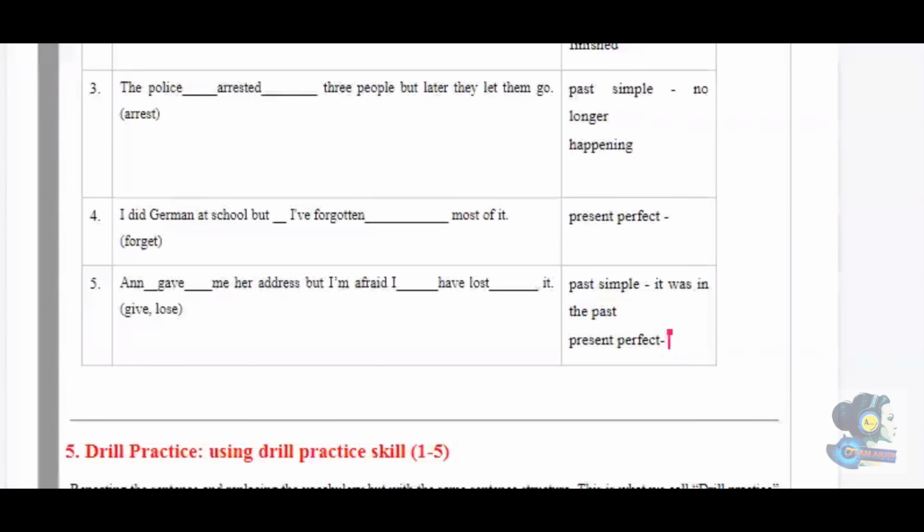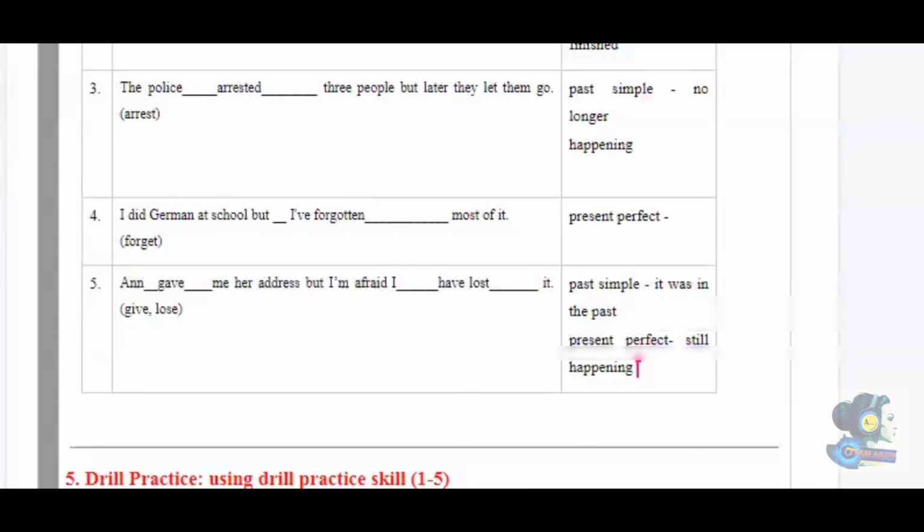So the sentence says that her friend Anne gave her the address before. However, it is still missing, maybe up to now. Do you have any more questions here?